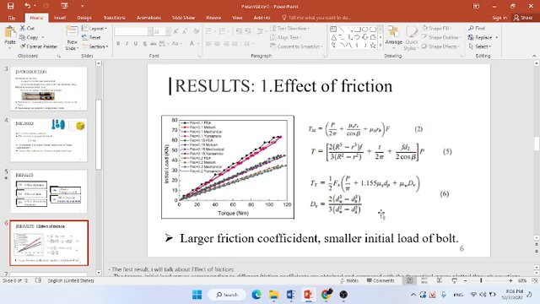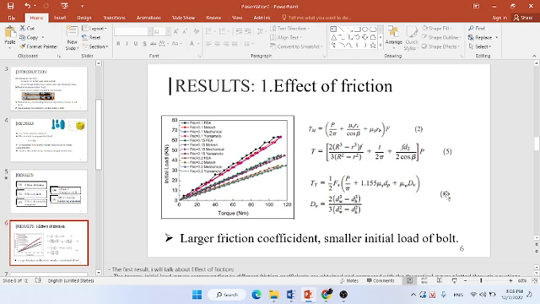The first result I will talk about is effects of friction. The torque initial load curves corresponding to different friction coefficients are obtained and compared with the theoretical curves plotted through the equation.